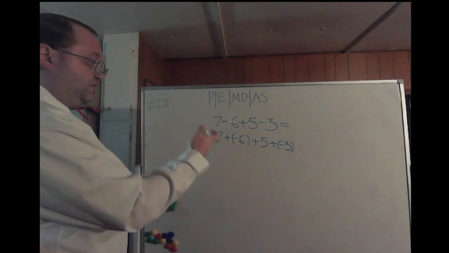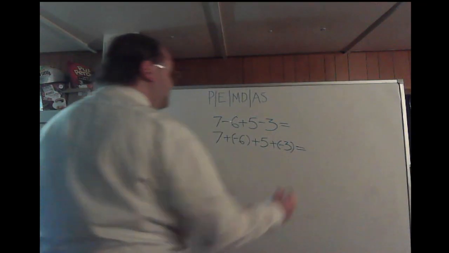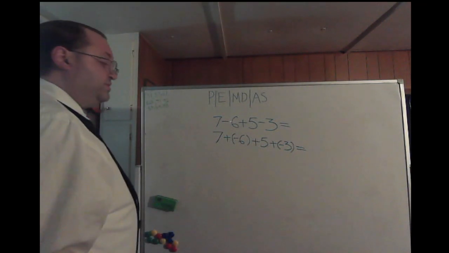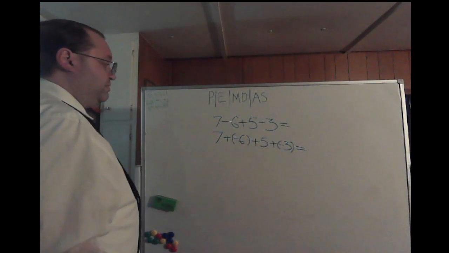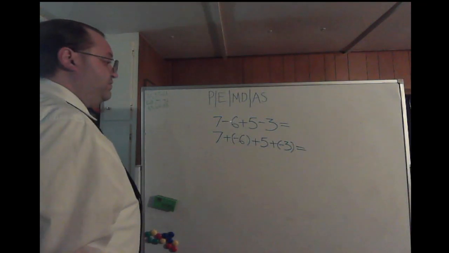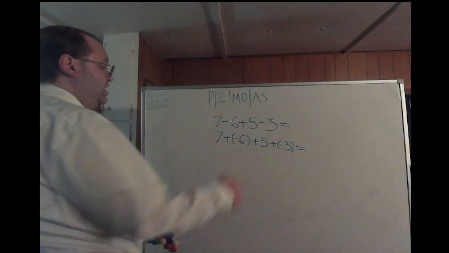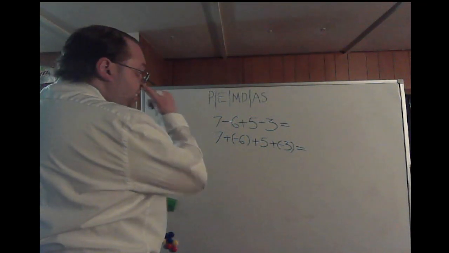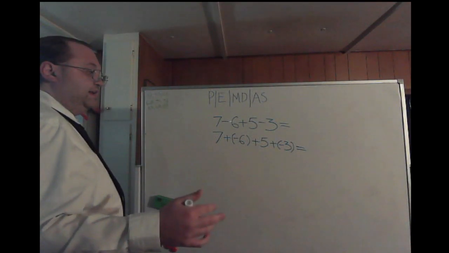So now you've just turned this into an all addition problem, which, if you have a calculator, you're welcome to use it. Or if you know how to do this in your head, that works too. But remember, subtraction and addition take the same priority because subtraction is the same as adding a negative.